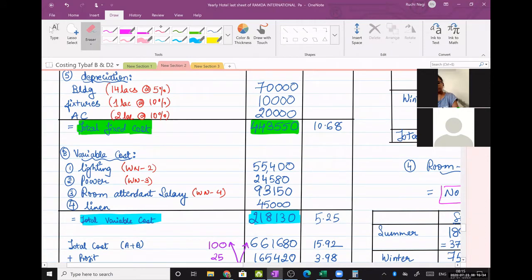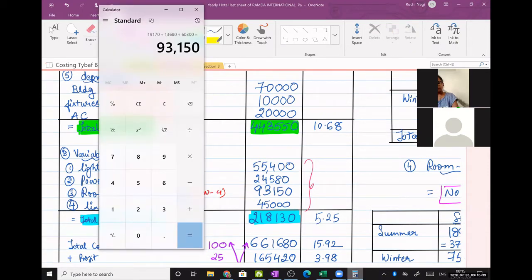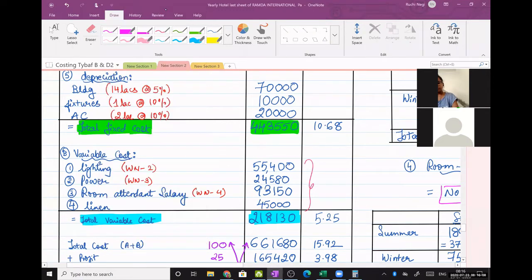Then total on this, your variable cost: 93,150 plus 45,000 of linen plus 24,580 plus 55,400, so 2,18,130. So this is my total variable cost. Fixed plus variable is going to give me my total cost. That is my cost price. 4,43,550, so my answer is 6,61,680. So this is my total cost.